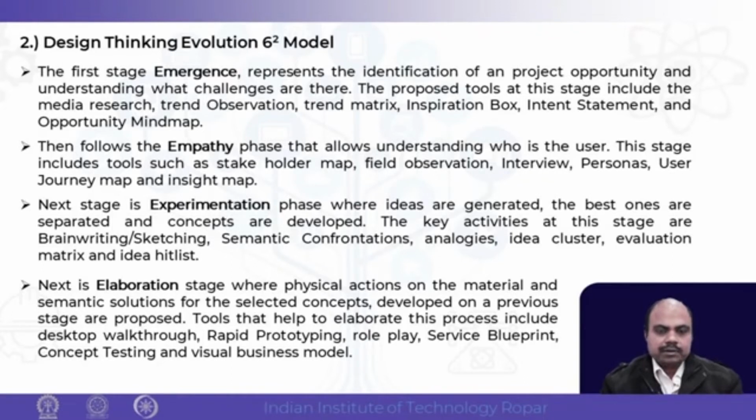Tools that help to elaborate this process include desktop walkthrough, rapid prototyping, role-playing, service blueprint, concept testing, and visual business model. Rapid prototyping we have already discussed in a separate class. So this stage is also important, where we see the physical form.